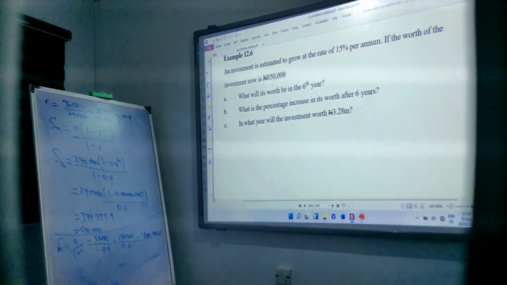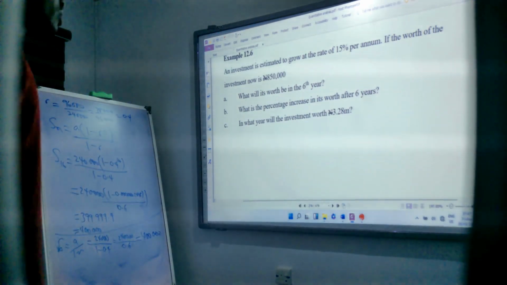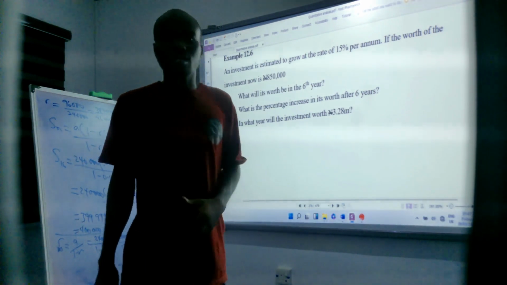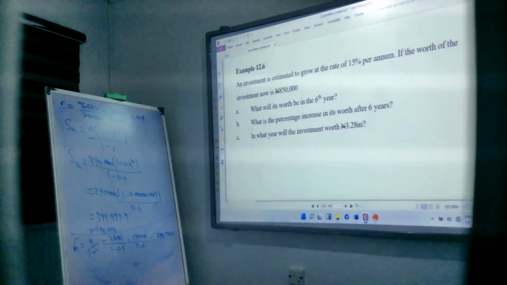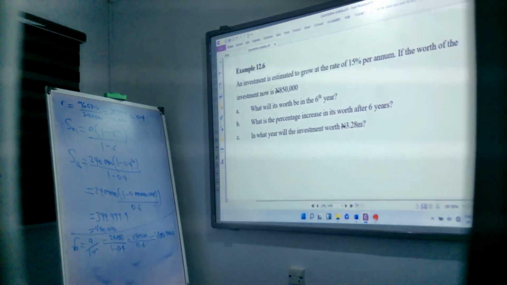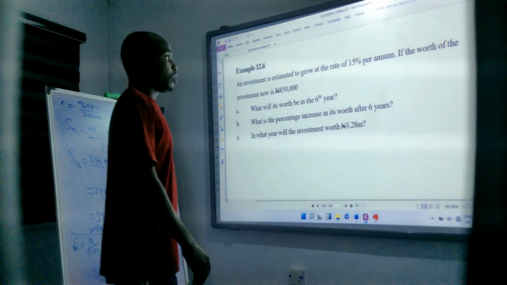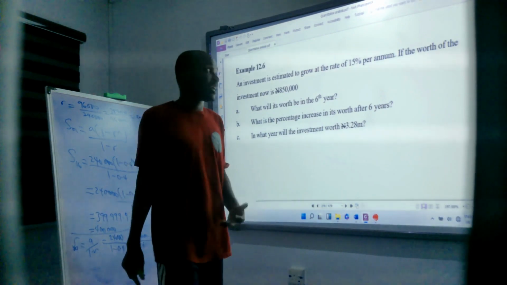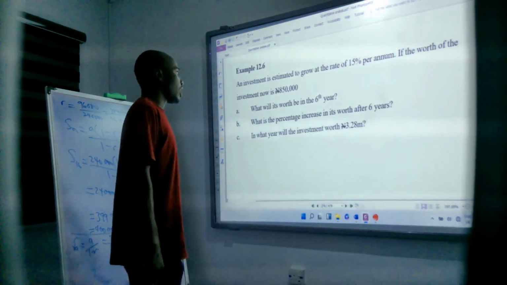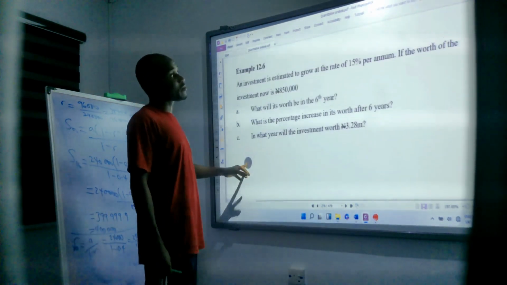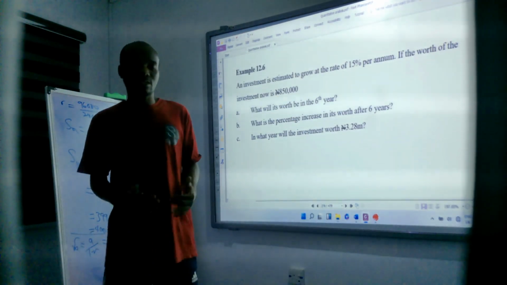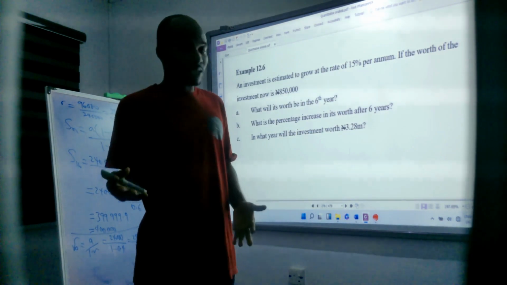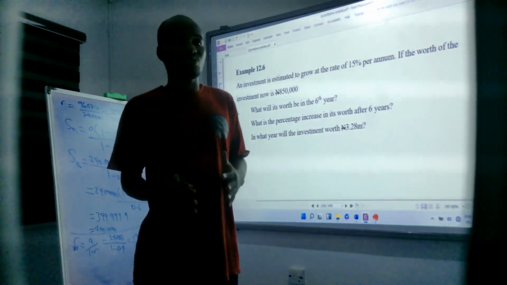So now the next one says an investment is estimated to grow at a rate of 15% per annum. It's going higher.